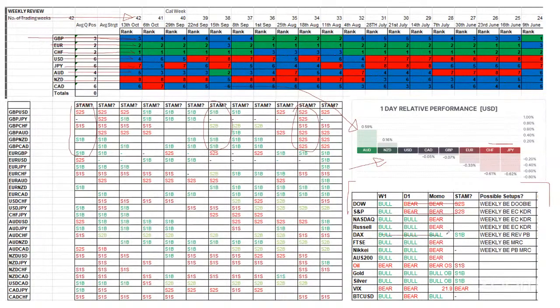DAX remains a strategic buy, but look at all those weekly bearish candles, whether mixes of engulfing candles, key reversal candles, momentum reversal candles, doobies, etc. We'll look at that in a moment.